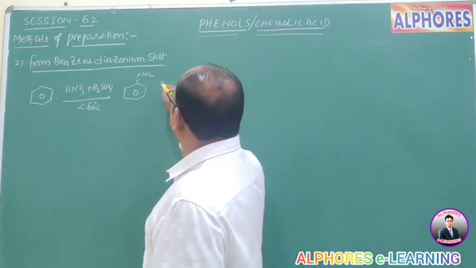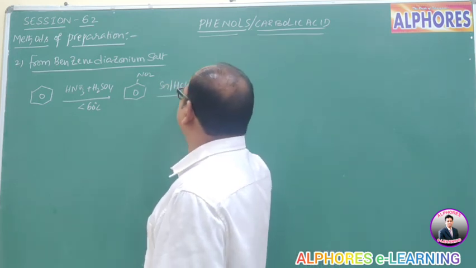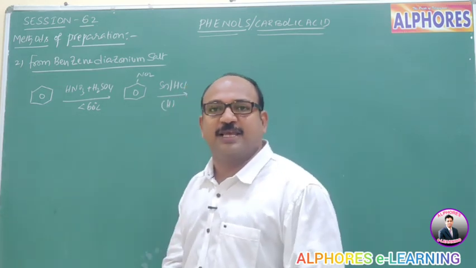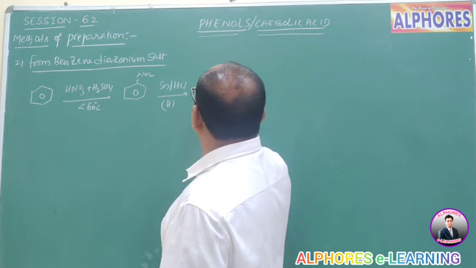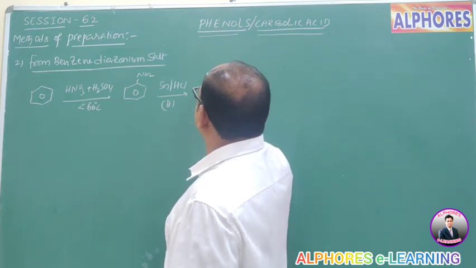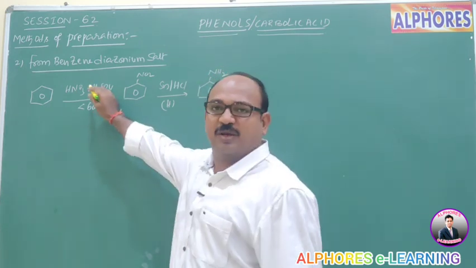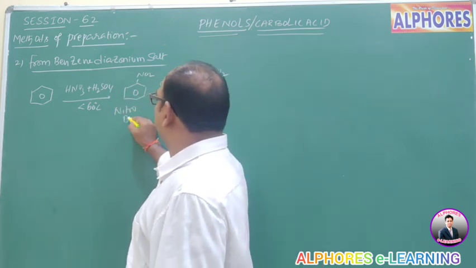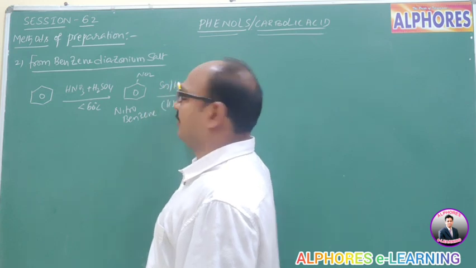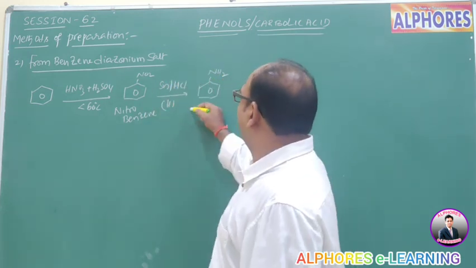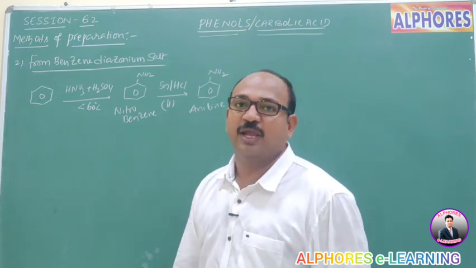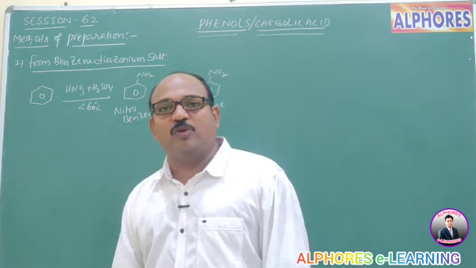Now this nitrobenzene upon reduction with metal and acid, Sn and HCl, gives aniline, also called aminobenzene.